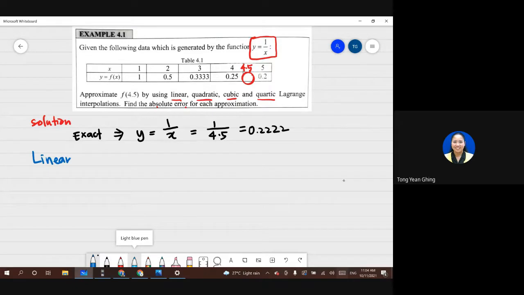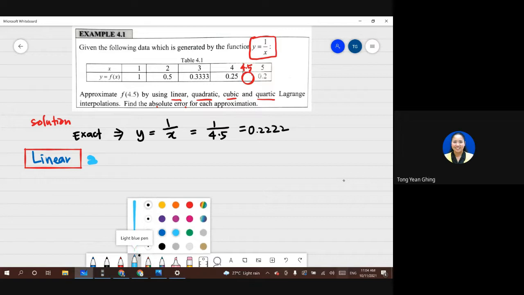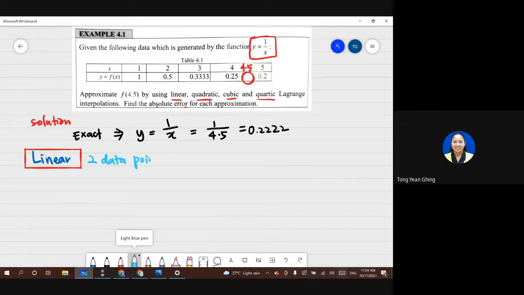Linear approximation, you need 2 data points, right? So if 4.5 is here, we will use this value and this value to approximate the value of y when x is 4.5.